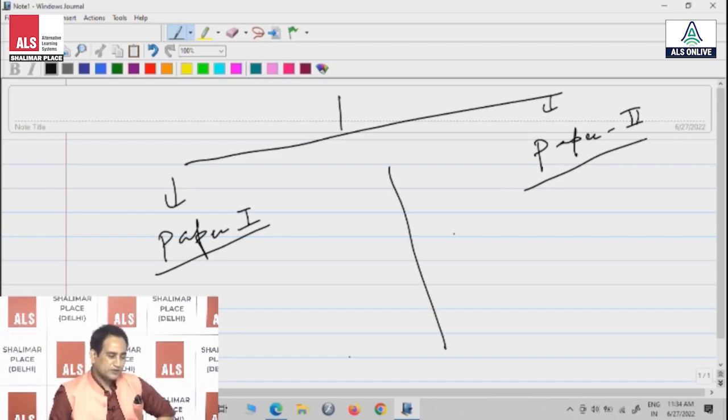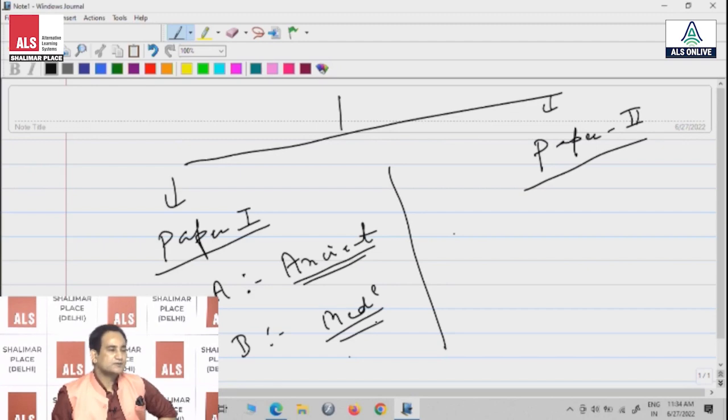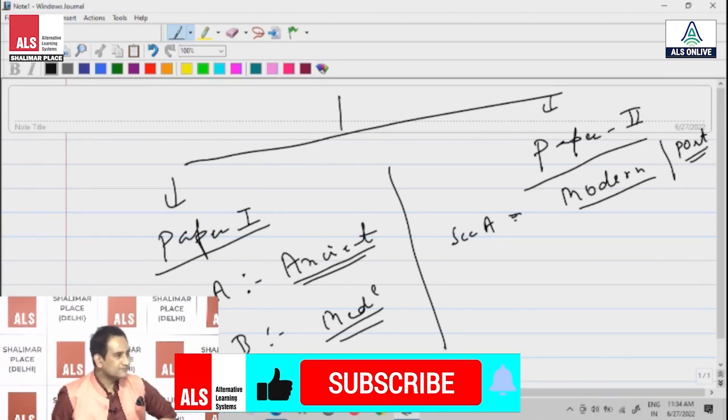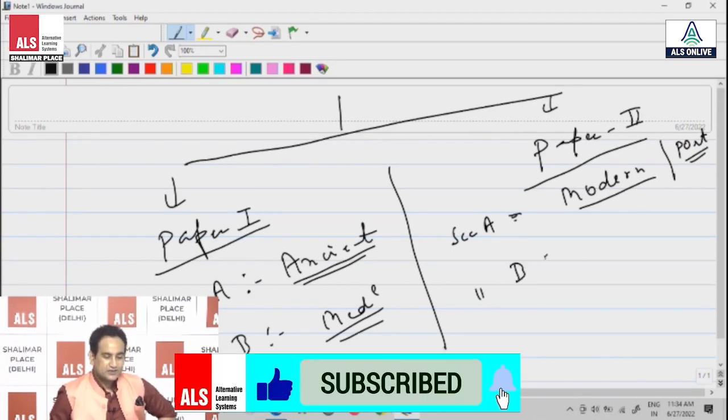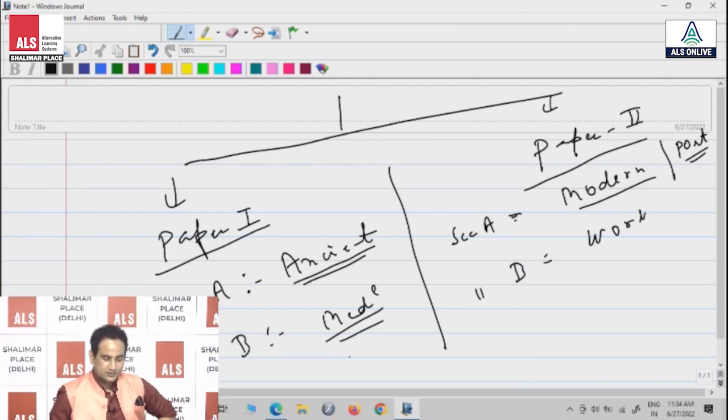In paper 1, section A, you have Ancient India. In section B, you have Medieval India. Then in paper 2, section A, you have Modern and even post-independence India. And then section B, you have World History.